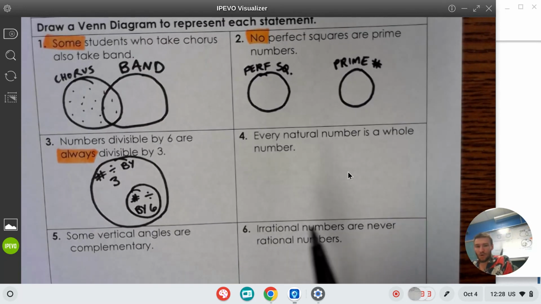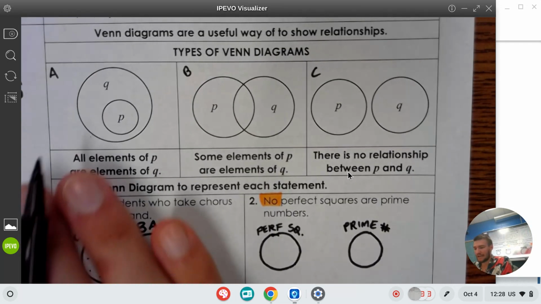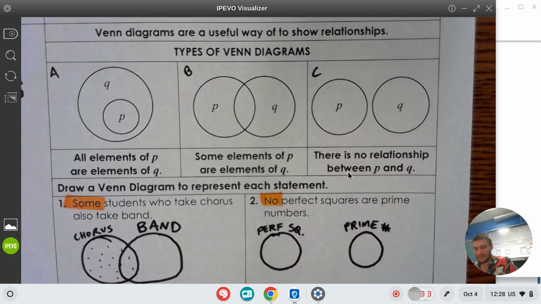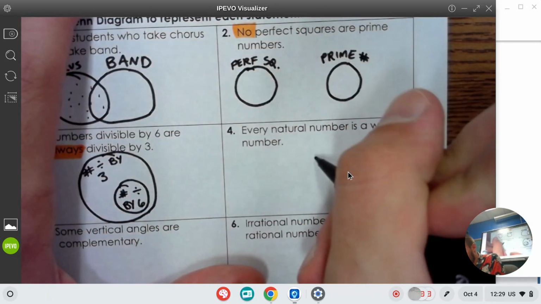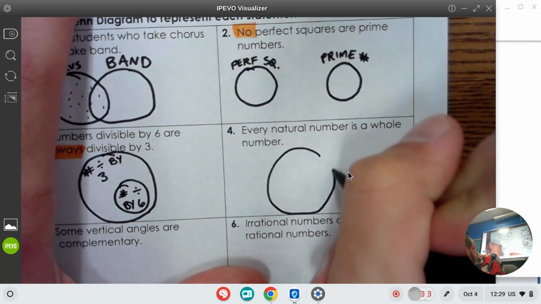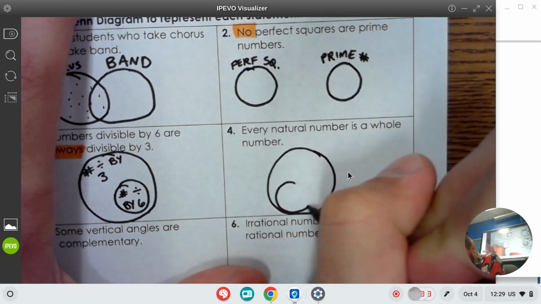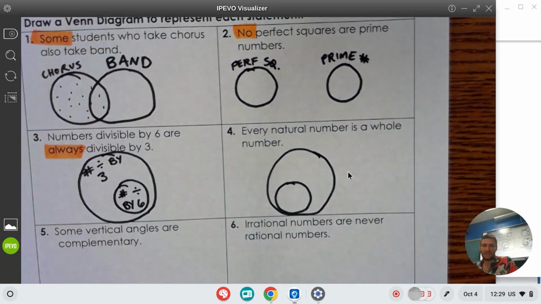Number 4, every natural number is a whole number. How do you think we're setting it up? Is it looking like type A, type B, type C? This should be another back-to-back type A, right? With a circle inside of a circle. Which one is the inside circle?